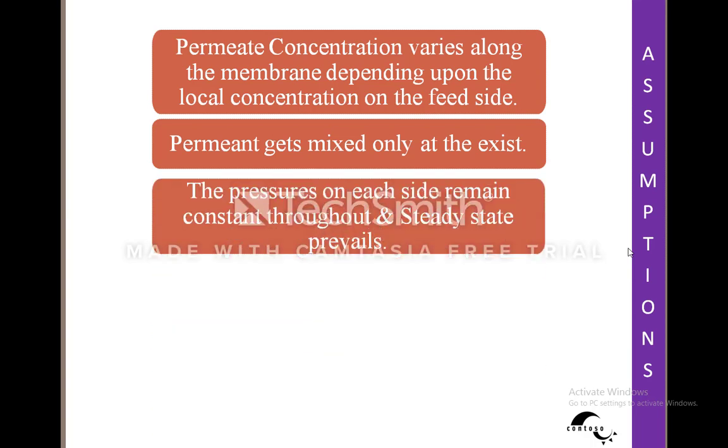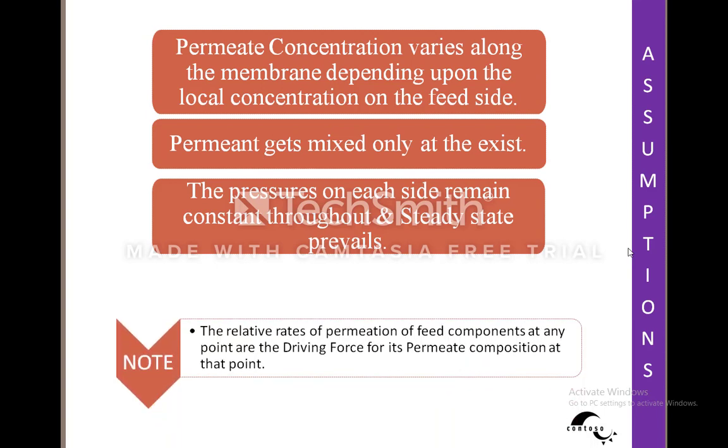The third one is the pressure on each side remains constant throughout and steady state prevails. But note, the main driving force is the relative rates of the permeate of feed components at any point, which will produce the permeate composition at that point only.